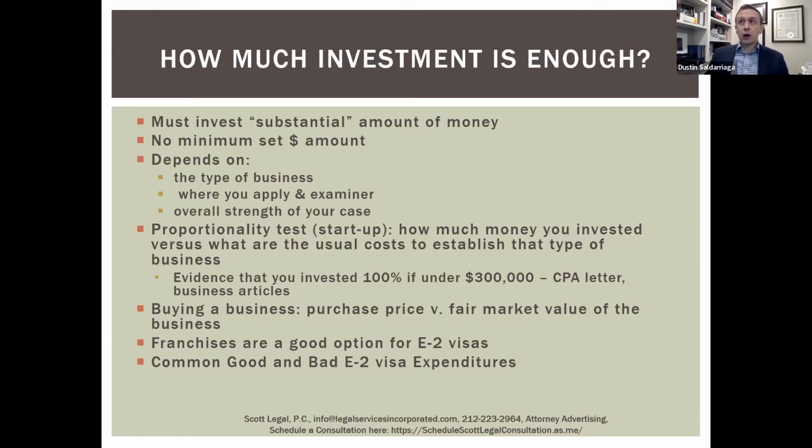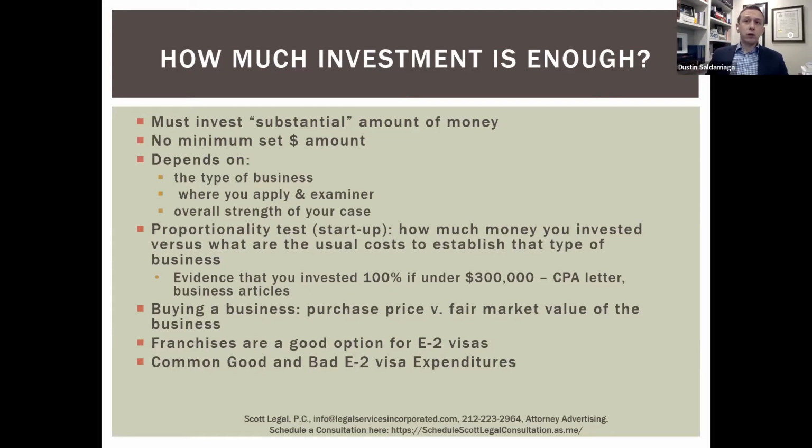Kelly mentioned that our law firm was founded on an E-2 visa. A law firm is traditionally not an expensive business to start. The overhead is quite low. You need a computer, you need an attorney, even a part-time attorney to get started. So it is possible to invest a relatively low investment amount into something, say, like a law firm or a consulting firm.